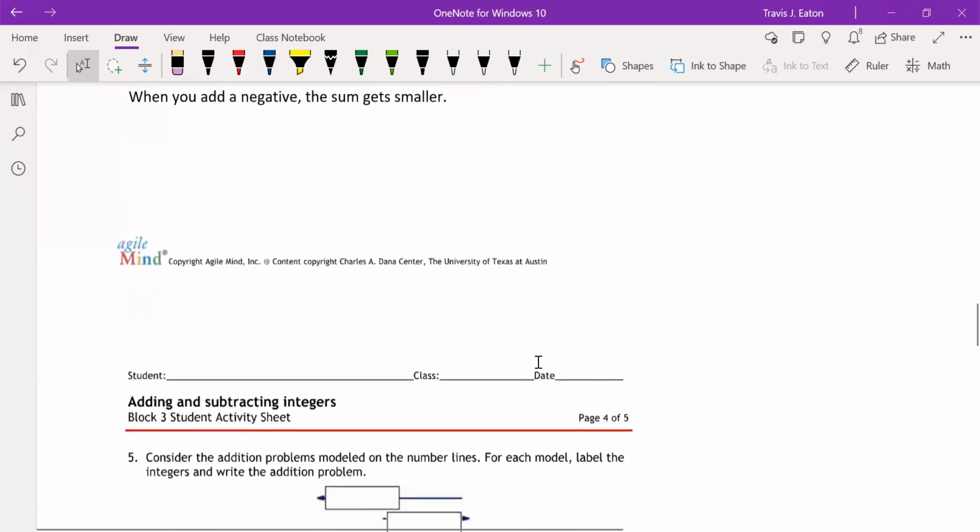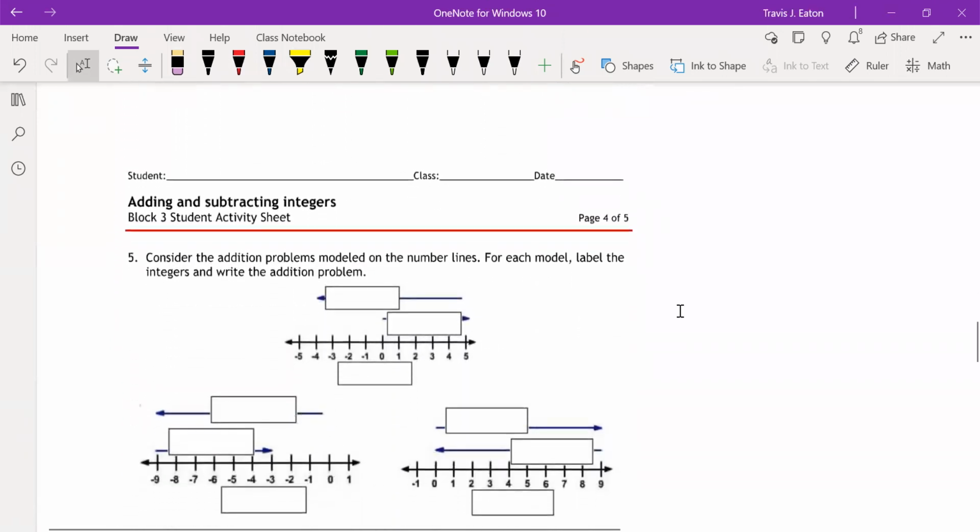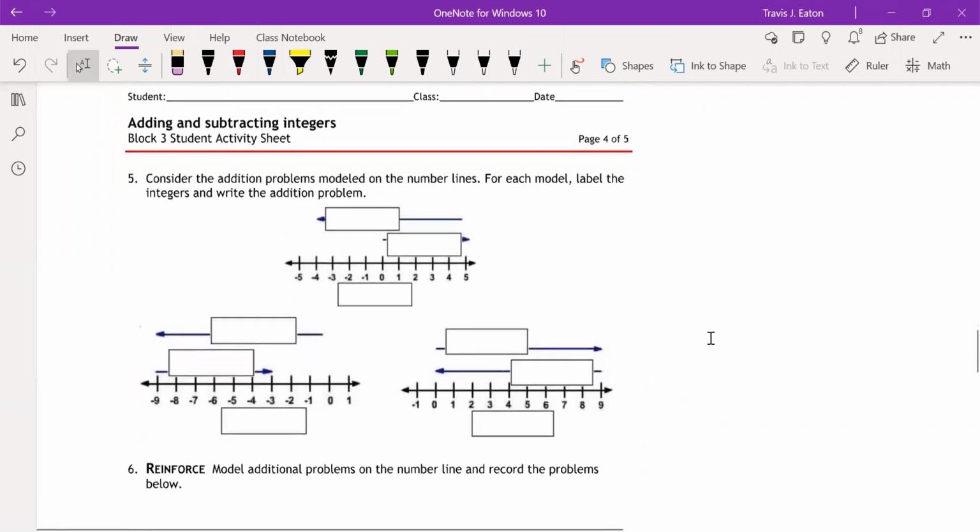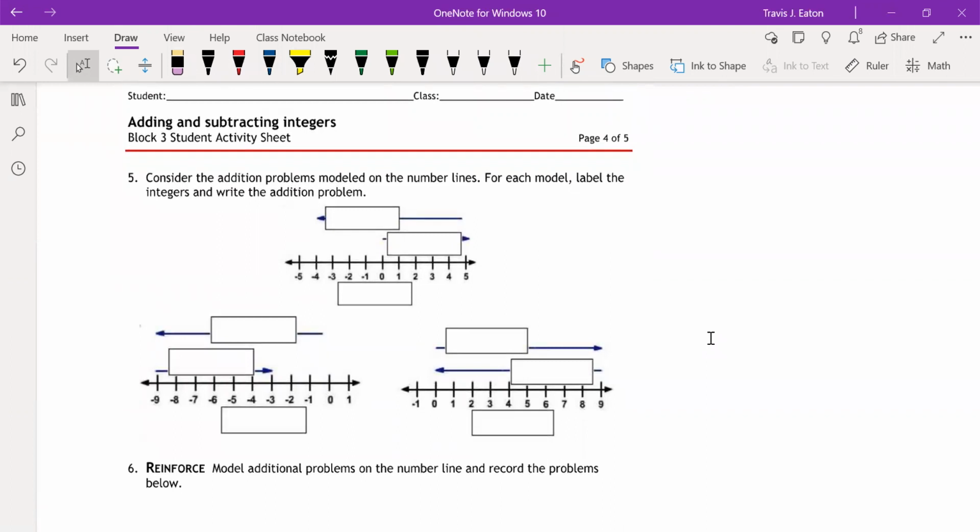Okay, let's move on to number 5. Now, in number 5, you'll notice that we have the number lines, but no numbers. It doesn't tell us what is happening. We have to figure that out. So let's look here. Remember, we always start at 0, right? So let's find 0 on our number line. Here's 0.